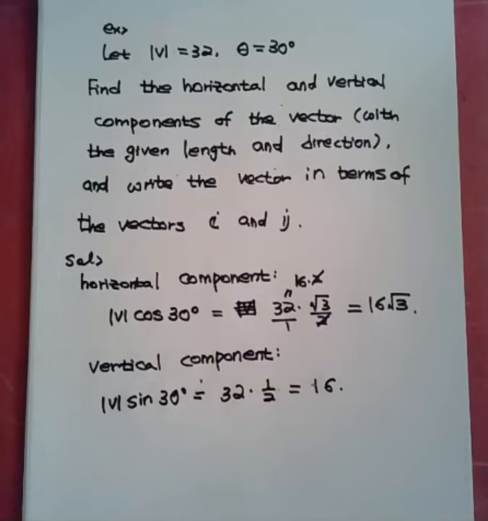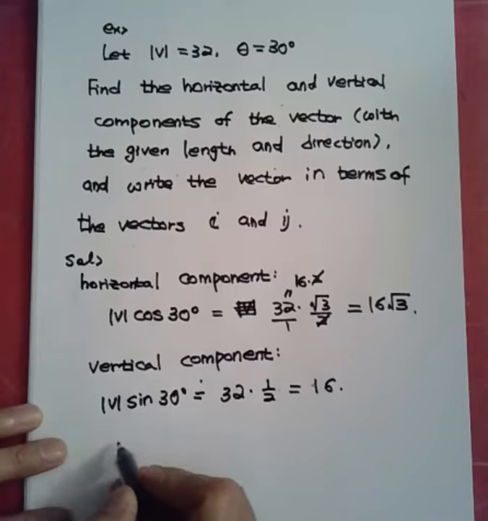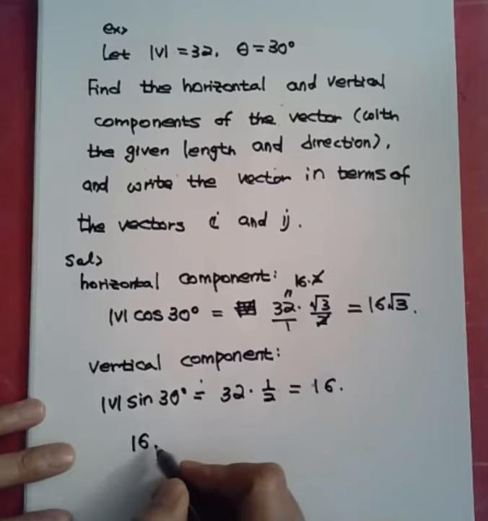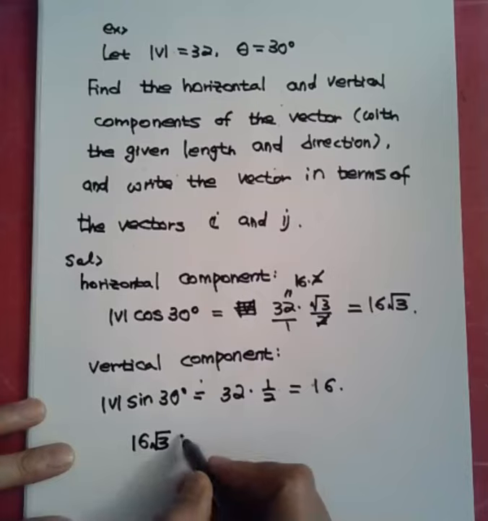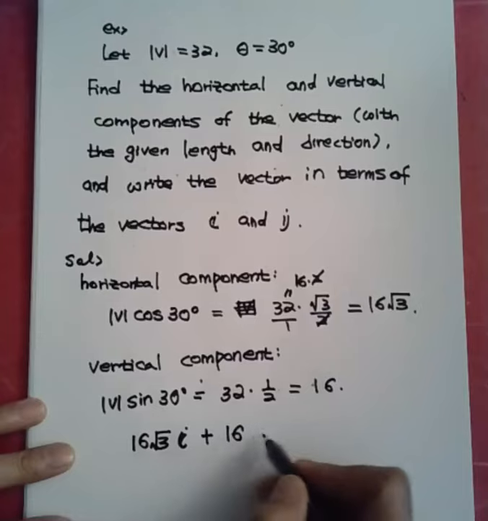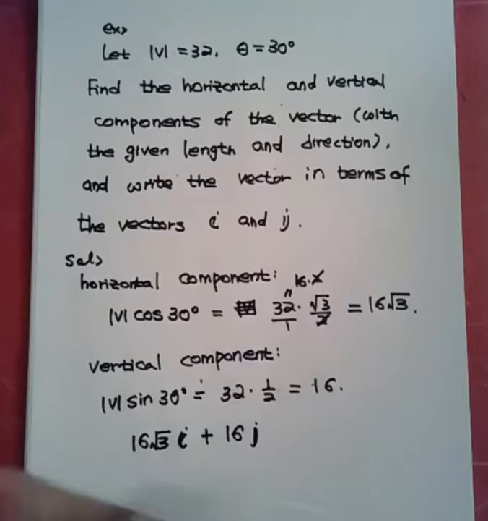So horizontal and vertical components are given, so we can finally express the vector with i and j. 16 square root of 3, which is a horizontal component, so we attach with i, plus 16 was the vertical component, so we attach with j.